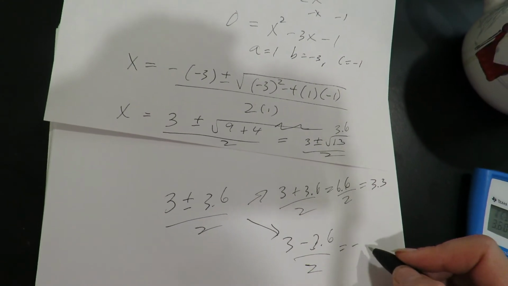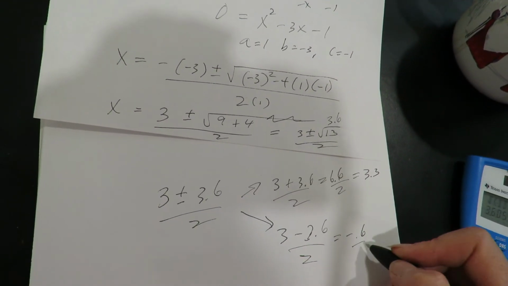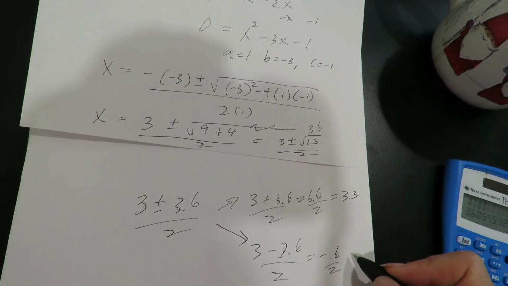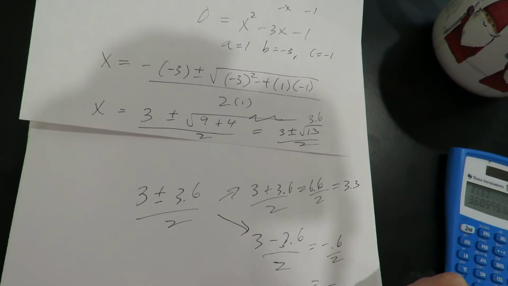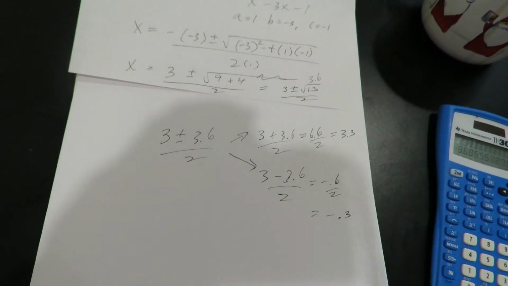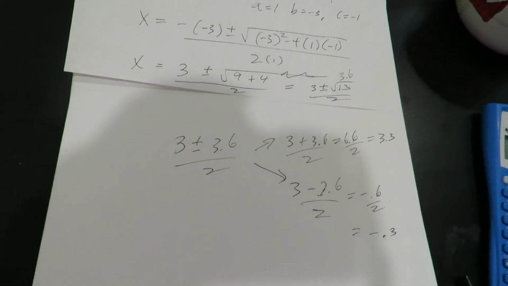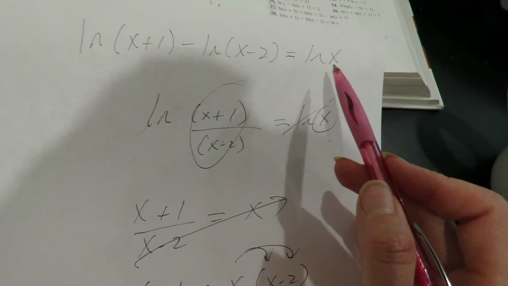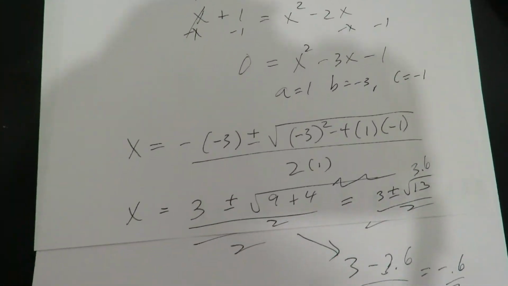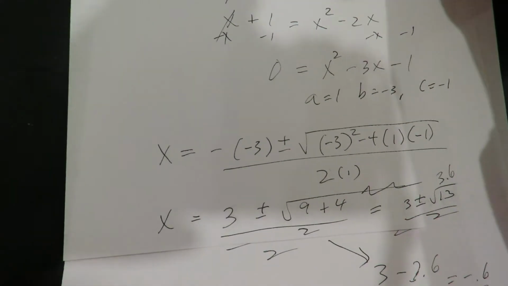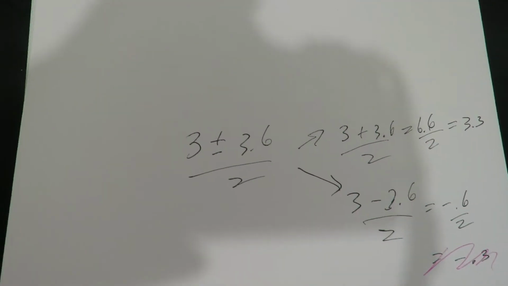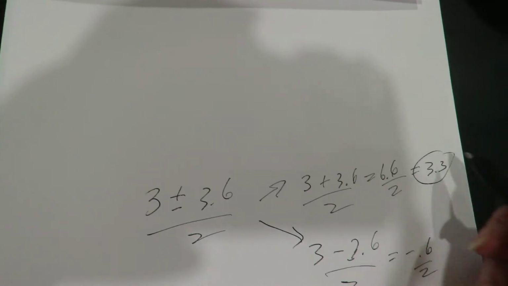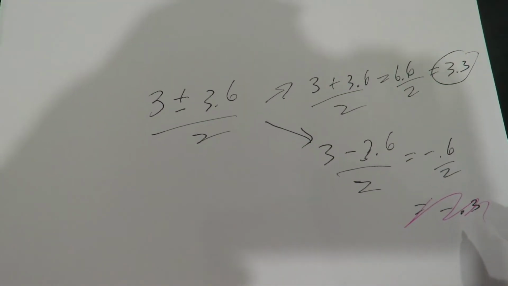This is negative 0.6 over 2, which is going to be half of that, which is negative 0.3. All right, so this is the same problem we just had before, because you cannot put a negative back into the original. So this is extraneous, and you'll sometimes get those answers. The only answer we have is the 3.3. The other one you have to throw away.